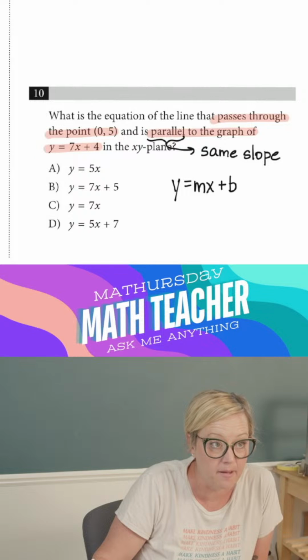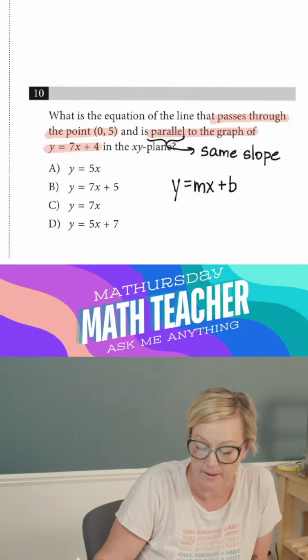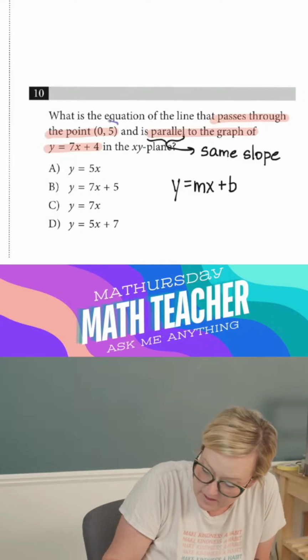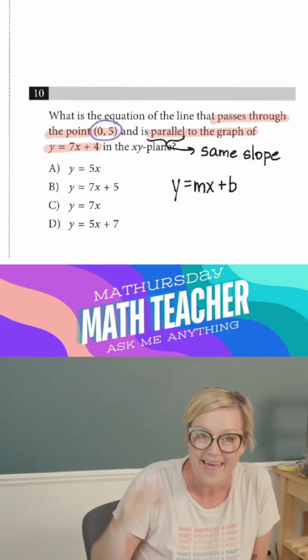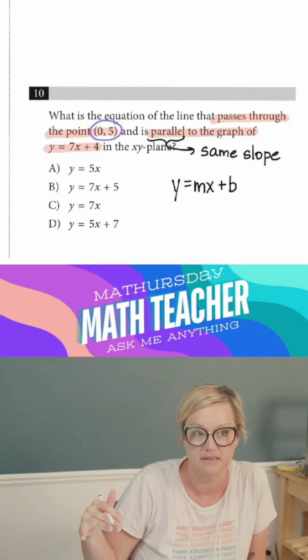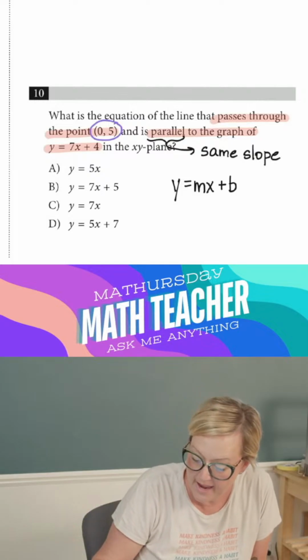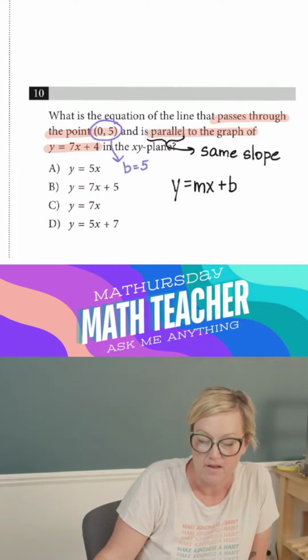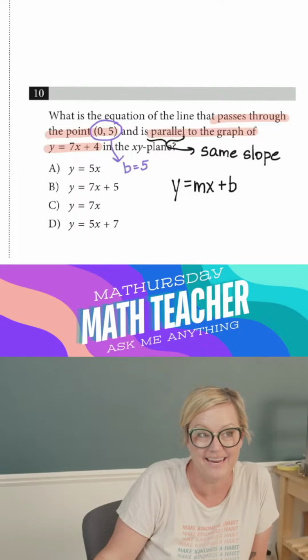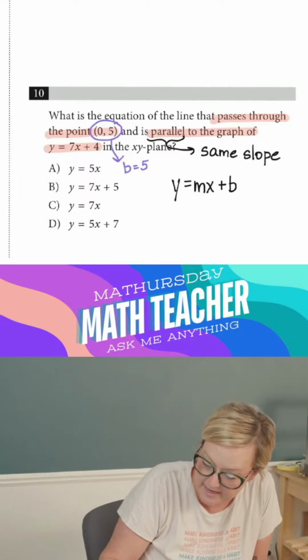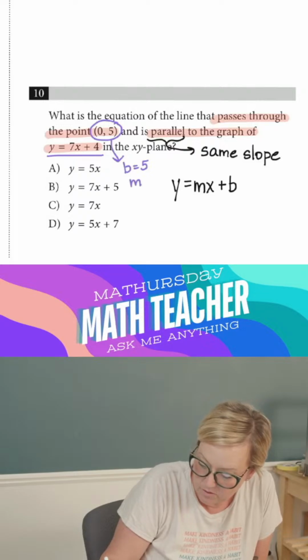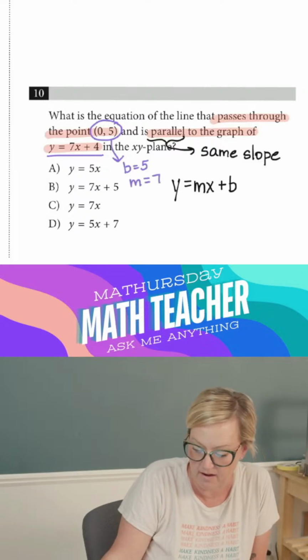The slope is m, and the y-intercept is b. What's nice about this one is that they give you the point 0,5. That is my y-intercept, so b equals 5. My slope is going to be the same slope as this line, which is 7.